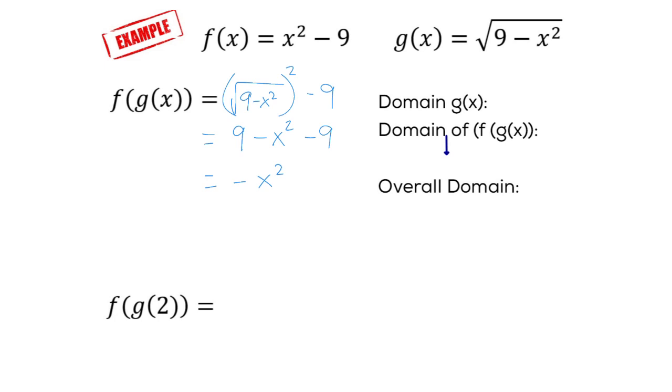Okay, I'm going to show this over here on this side because I have to make sure that 9 minus x squared stays positive. So that's got to be greater than or equal to 0. Okay, so now there's a couple ways we can handle this.